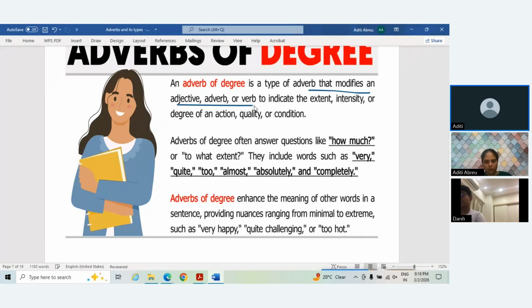And the question word is how much. The part I have underlined in blue, please write that down. And examples of adverb of degree are these words.